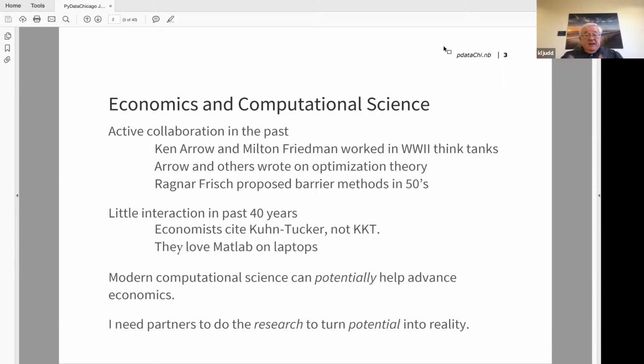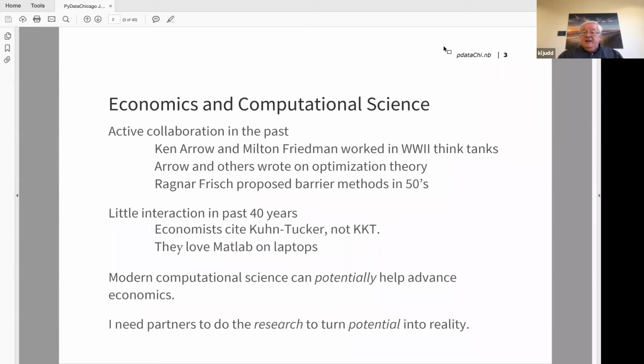But economists had kind of disconnected themselves from this world by that time in the mid-70s when that happened. And so when you look at computational writings of economists, you will see that there seems to be a disconnect with what's been going on in the last 40 years.